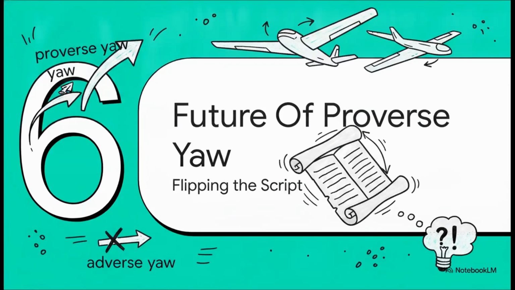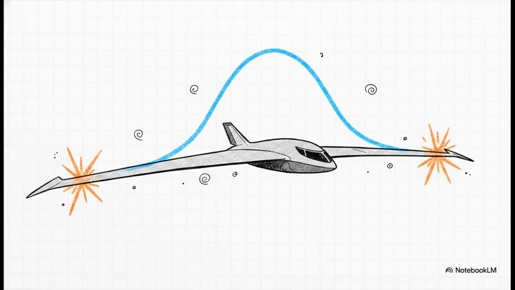Finally, we reach Section 6, the future of proverse yaw. It's time to completely flip the script. So let's look at the very bleeding edge of aerospace innovation and how NASA is turning this entire problem right on its head. For decades and decades, traditional aircraft have used elliptical wing designs to minimize drag. But as we know, those natively produce adverse yaw.